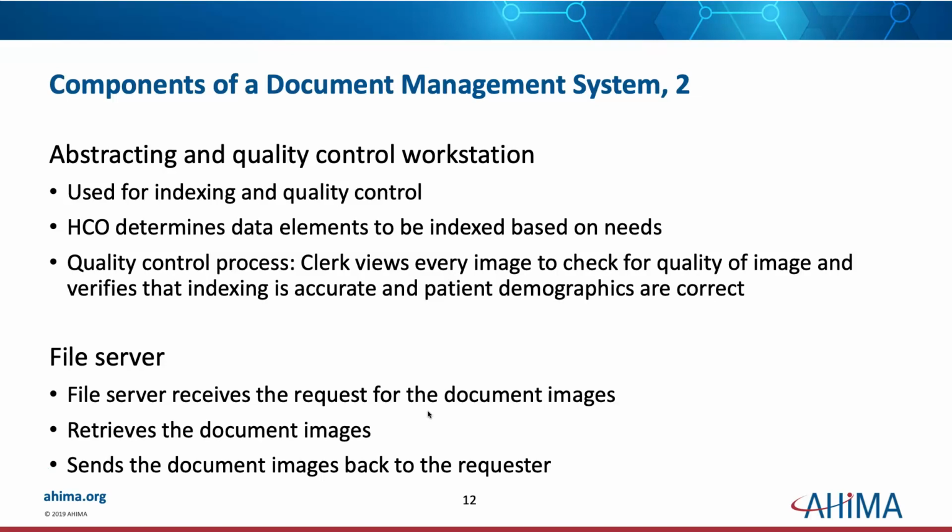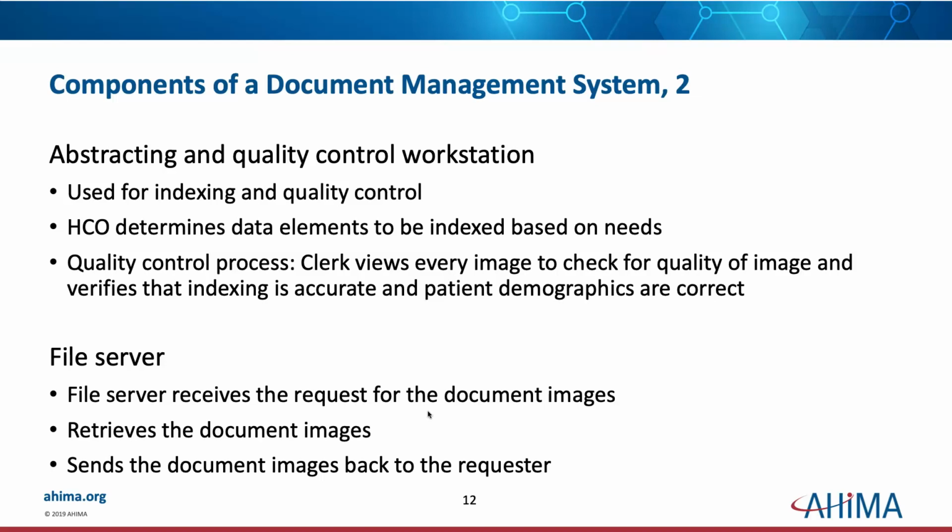Was it an accident, was it the scanner, was it the person who was scanning, so that we gave feedback to say, hey, you might want to watch this or be aware of that, or oh, we found maybe somebody left a staple in and that caused the first image to go through fine, but the second one got tangled up and it had a poor quality image, and that type of thing. So that's what goes with that.